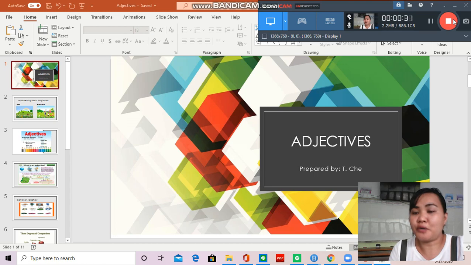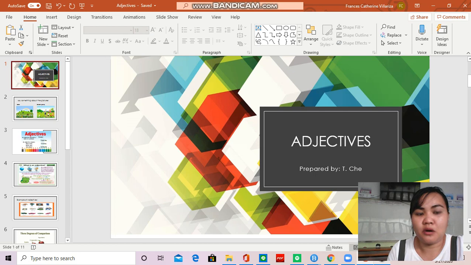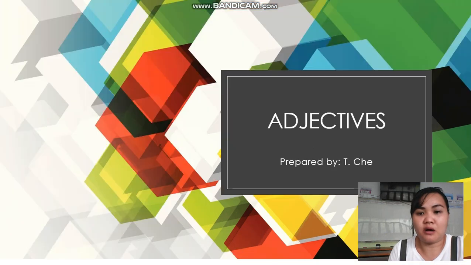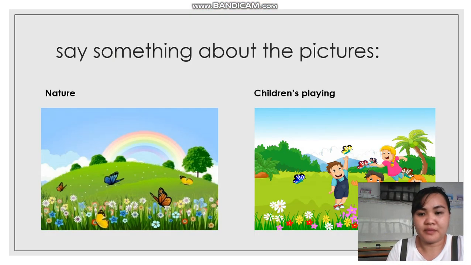So as we go along, we're going to identify the best adjectives that we could use in our sentences. So next we have here two pictures that we're going to describe, okay, using our stored adjectives.